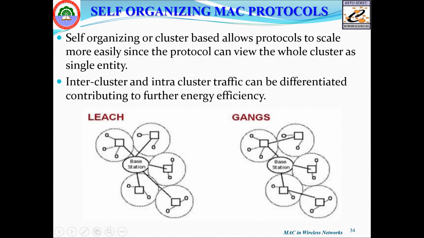So in these two examples, the LEACH protocol and the GANGS protocol, which belong to the self-organizing class of protocols, both are based on the clustering approach. GANGS and LEACH look very similar on that particular slide, because these are the clusters formed by these protocols.